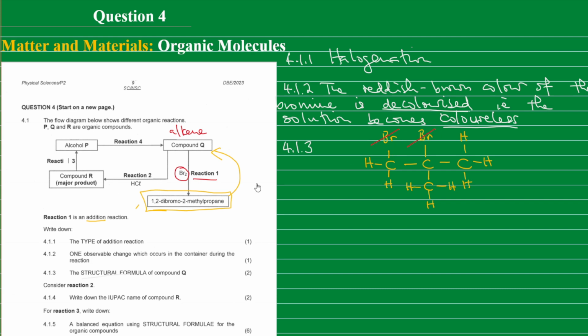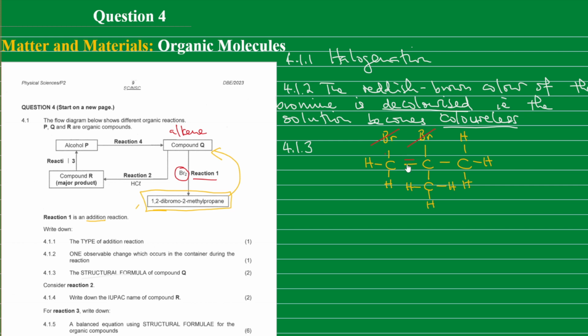If we cancel the bromo, we will have two open bonds, and from the study of organic molecules, these two bonds will constitute one bond added here, so that this bond combines with that one.